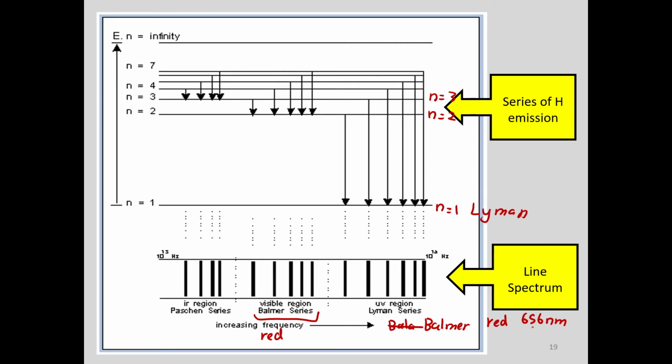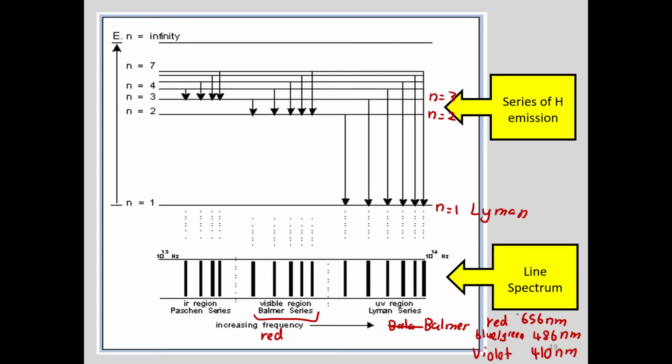Frequency is per wavelength, right? For blue, or sometimes green, closer to green, it is 486 nanometer. For violet, which is purple, it is 410 nanometer.